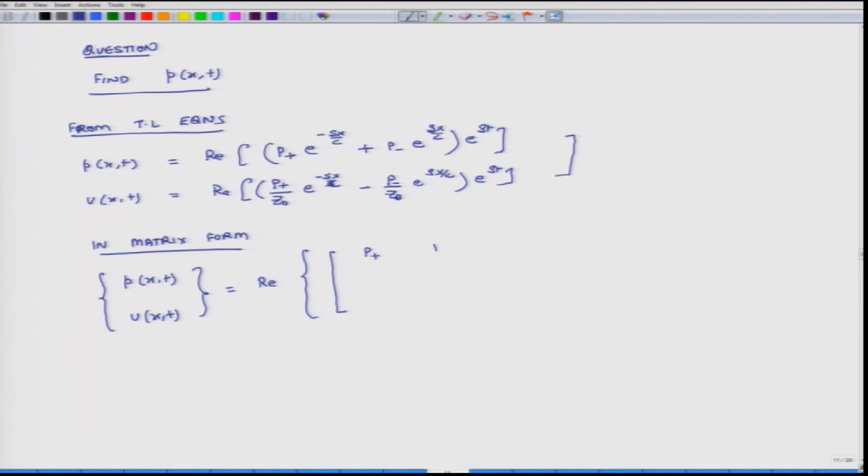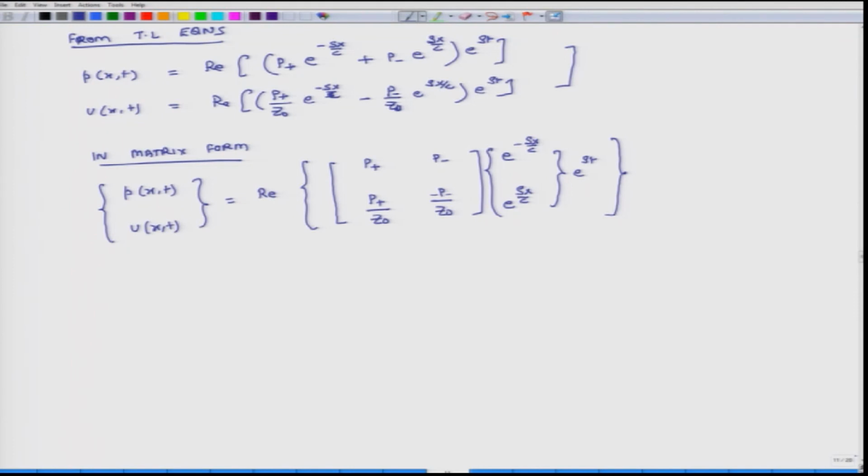So, P plus, P minus, P plus, P minus, here I have Z naught, Z naught, and I am multiplying this by this column vector, e to the power of minus S x over c and e to the power of S x over c, times e to the power of S t. The reason we have done this is it looks a little more clean and more organized.